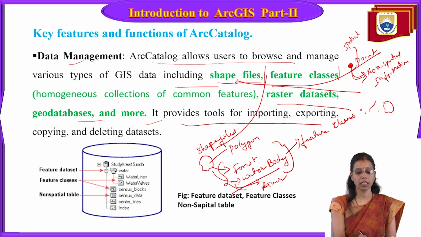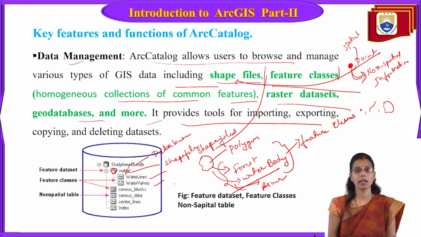So it's a homogeneous collection of common features. If you can see in this image, this is the database. Under this database, we have a shapefile, in the form of a polygon as water. Under this shapefile, we have water lines, water valves.